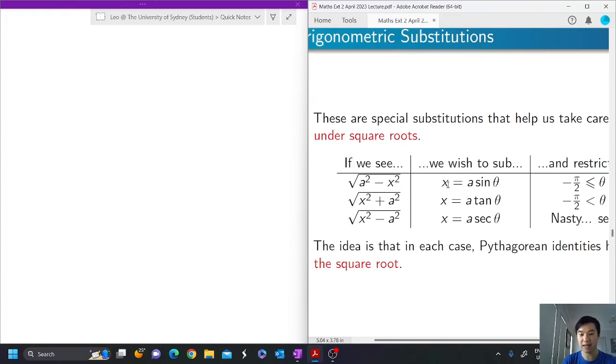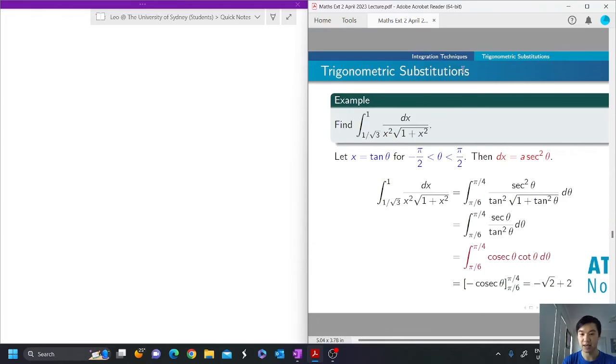Because let's say if we had x equals a sine theta, this would be a squared sine squared theta, which when you factorize out a squared, it'll be 1 minus sine squared, which will give us cos squared. So it'll be the square root of a squared cos squared, which will give us a cos theta, which is much easier than having to deal with the square root.